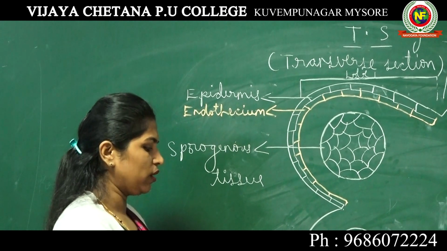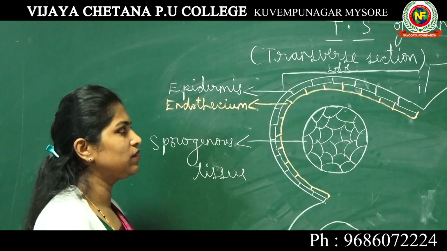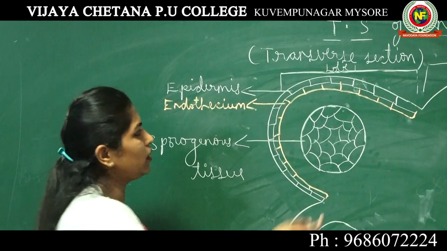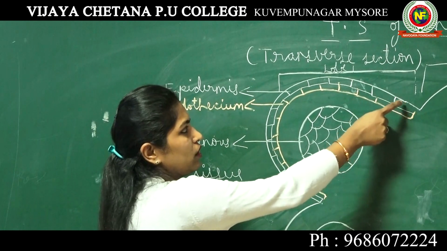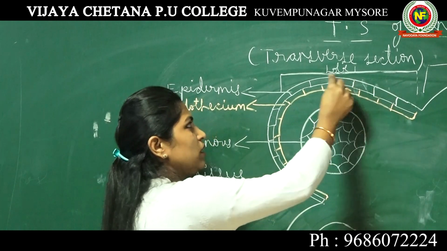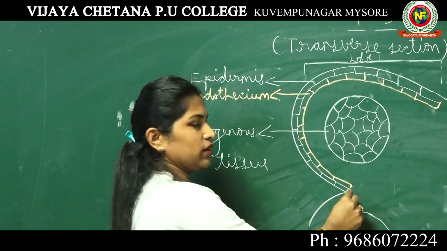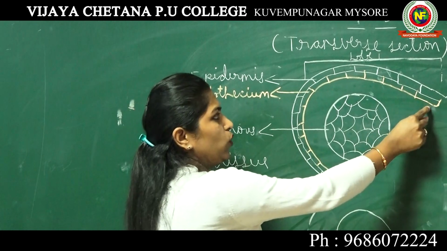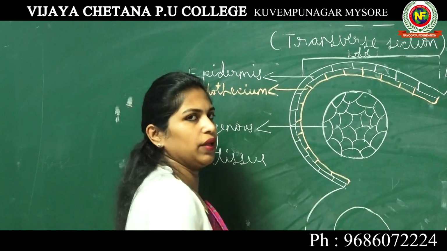Next, we have one more layer called the middle layers. Here I have drawn epidermis. You can see clearly epidermis is of single layer thickness. Endothecium, again, is a single layer.